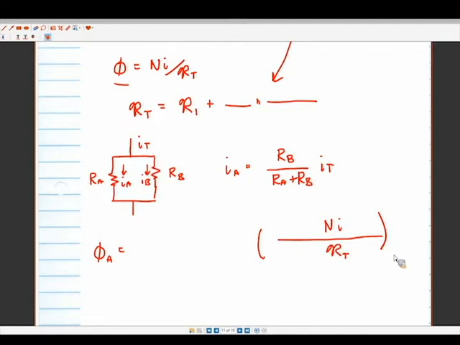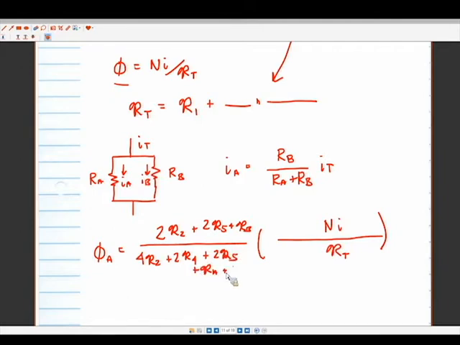My reluctance on leg A, sorry, reluctance on leg B, I mean, is 2 R2 plus 2 R5 plus RB. The combined reluctance of A and B is 4R2 plus 2R4 plus 2R5 plus RA plus RB.